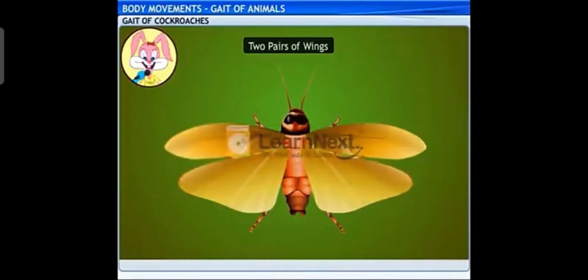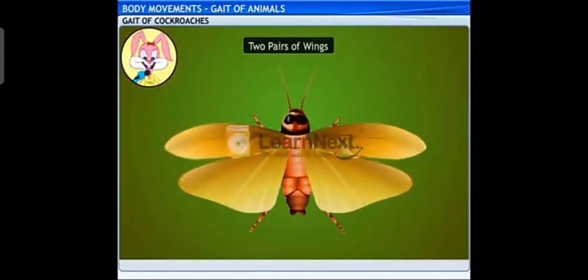These are connected to strong breast muscles, on the breast. That muscle acts as a strong support to the wings, so that the cockroach can fly very easily.